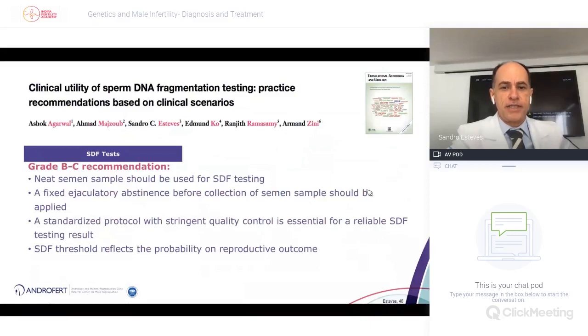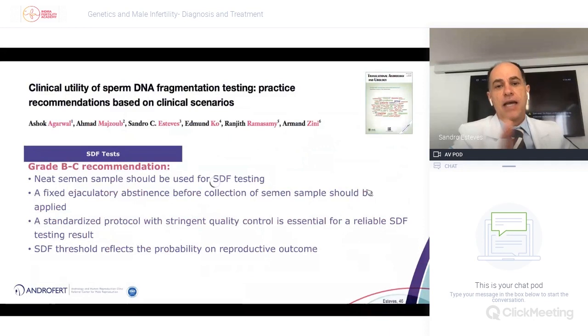It's important to use a fixed ejaculatory abstinence period before collection of semen. In our clinic, we use 2 days, up to 3 days, of ejaculatory abstinence, because this is the period in which we have seen the DNA fragmentation could go down.